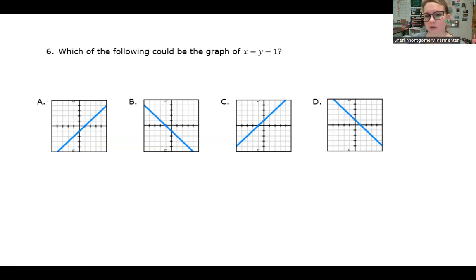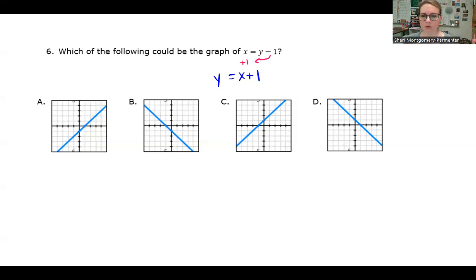If we're subtracting 1, then what do we do to get it to the other side? Add 1. So when we add 1, we end up with x plus 1, and it doesn't matter if you put the y on the left or the right. Now I have a y equals equation. Now you can find the graph.